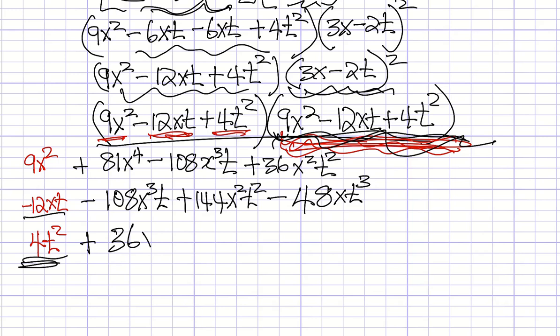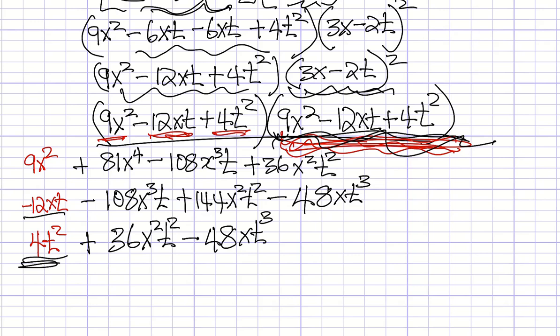Look at the variables, x squared t squared, okay? And then we take that and multiply negative 12xt, then it's going to be negative. You see that, right? 12 times 4, what do you got? It's 48, negative 48. What are the variables? It's xt raised to the power 3.